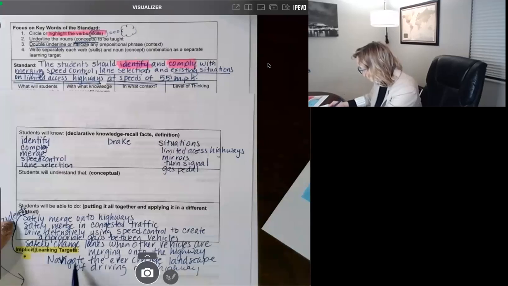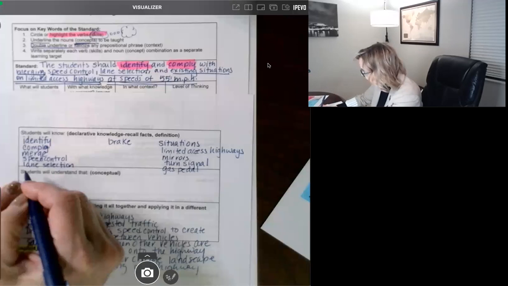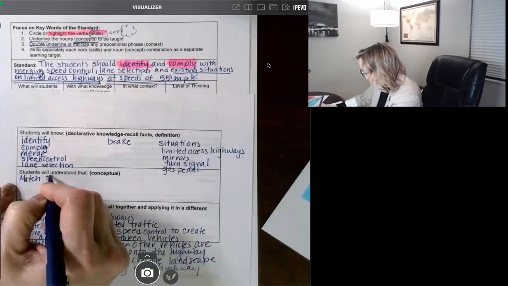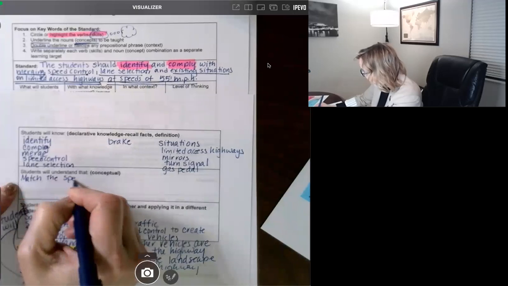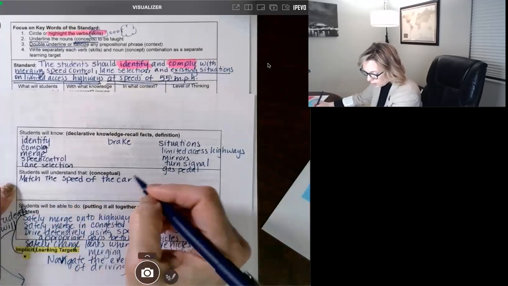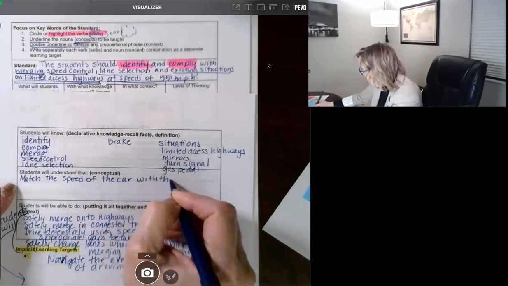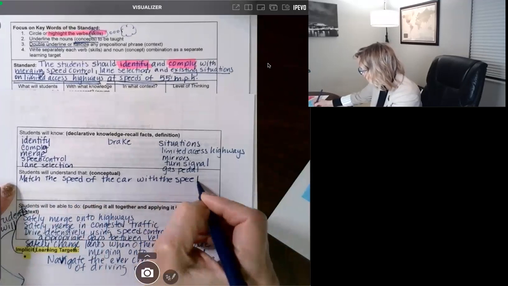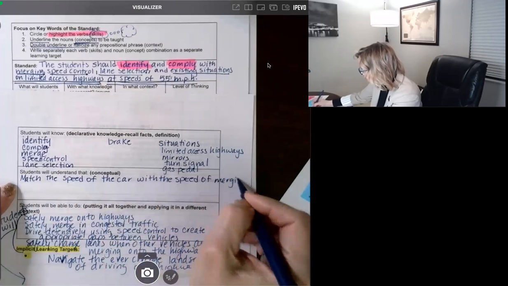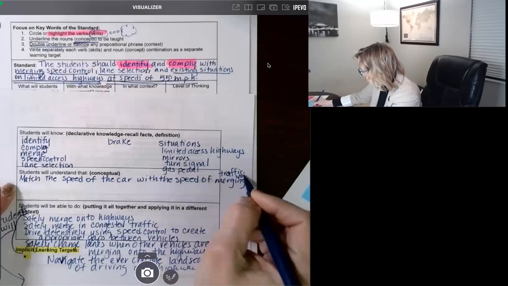Well, one of the things you need to understand is that you have to match the speed of the vehicle that you're driving with the speed of the traffic you're merging onto.